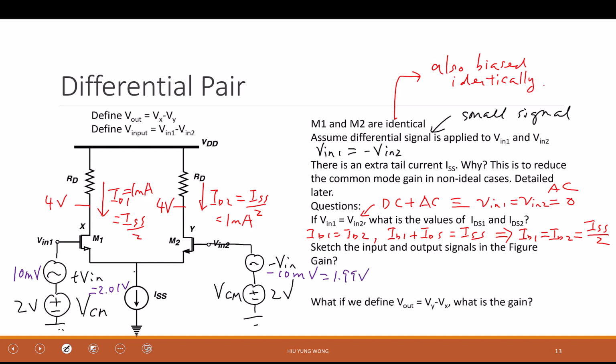Is that okay? That's what happened here, right? Now, what will happen to the current just based on your gut feeling? I increase the voltage on the left and reduce the voltage on the right. Based on what you have learned so far, what will happen to this current? Will it increase, decrease, or stay the same?